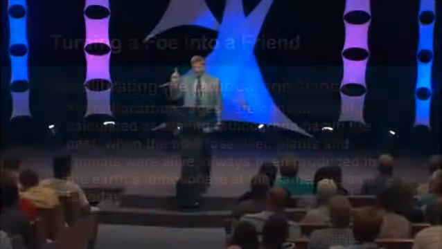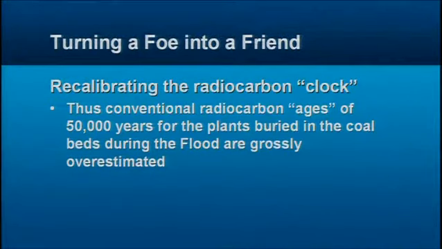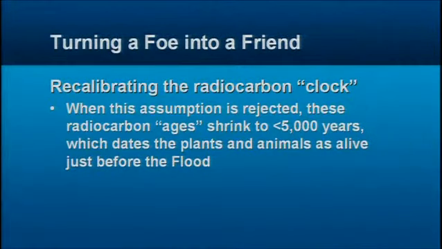So if we correct these radiocarbon ages on the basis of slower, smaller amounts of radiocarbon production in the past, we can correct these numbers. And in fact, if we do that, the 50,000 year ages for the coal beds during the flood, we can shrink that down to less than 5,000 years by just dropping the assumption of the present radiocarbon production rate and the swamping of the radiocarbon with a lot more carbon during the flood.